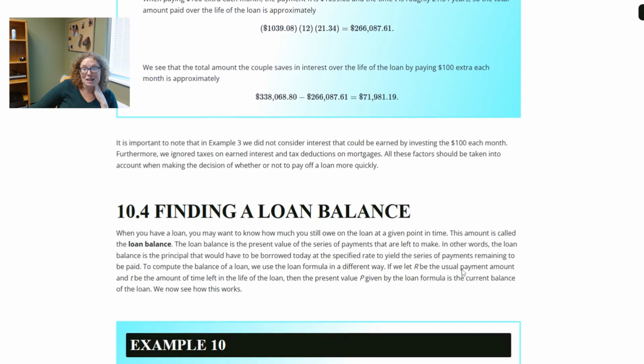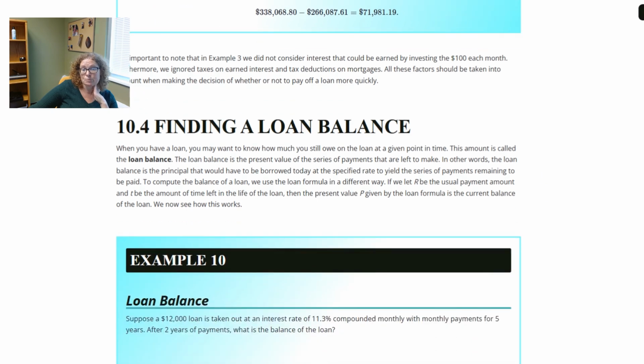So think about those things if you are looking at purchasing a house or a big ticket item, and how paying a little extra each month, but making sure too that you're paying enough that covers the interest rate, which you would be doing because you're covering it in your original payment. And typically, you do also want to say that you want that money to go toward the principal, to pay down the principal.